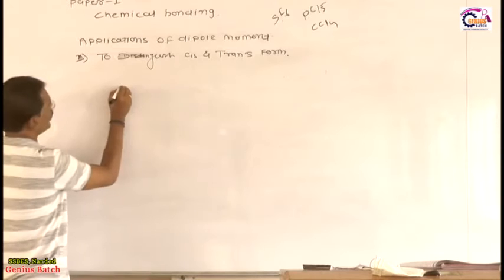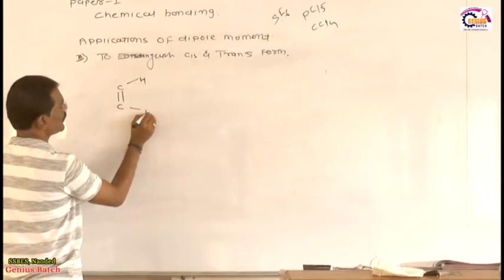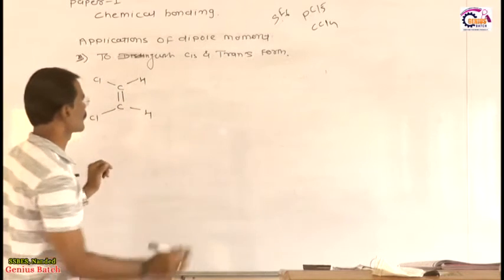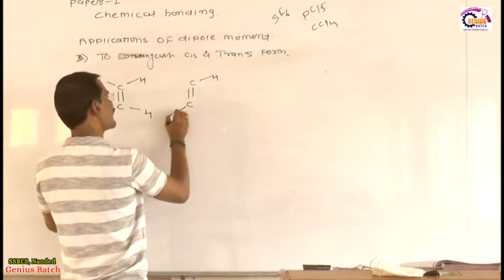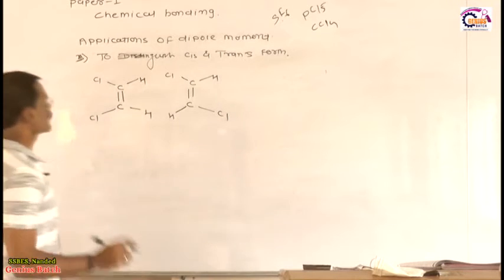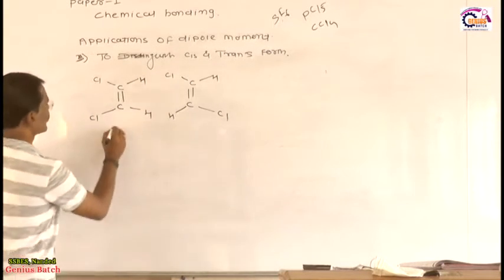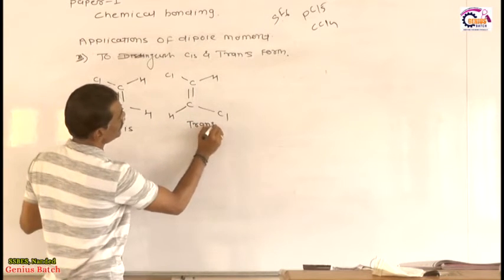Suppose I have this molecule, C double bond C, with H here and Cl here, and Cl here. And suppose I have another C double bond C, with H here and Cl here, Cl here. Suppose now these two groups are similar, therefore the configuration of this molecule is cis and the configuration of this molecule is trans.